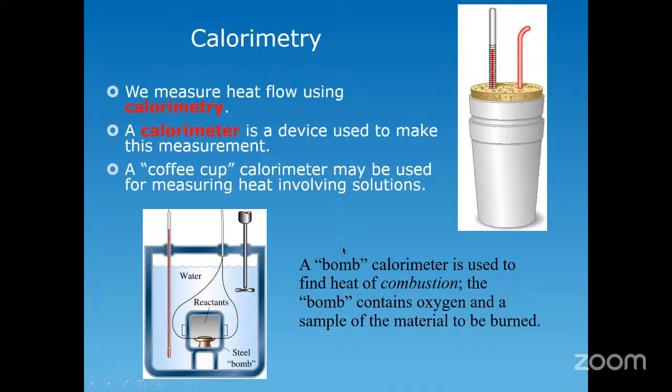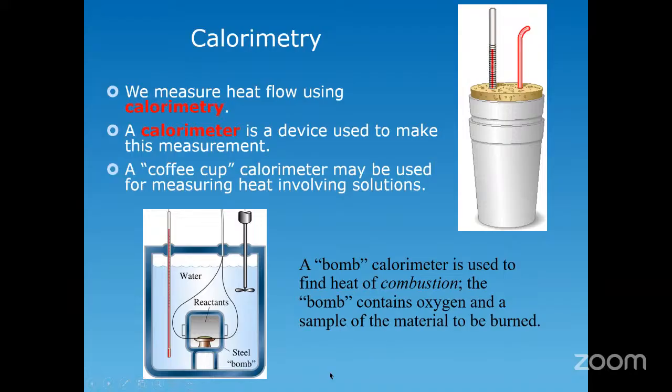Now, the picture that you see down here to the bottom left of the screen is a more sophisticated type of calorimeter, which is used specifically to measure the heat change in a combustion reaction, right? And this is in particular used for organic compounds. So you burn the organic compound, typically heat will be released, and this is designed for you to measure the amount of heat that is produced, and therefore, based on the data collected, determine the heat of the reaction.